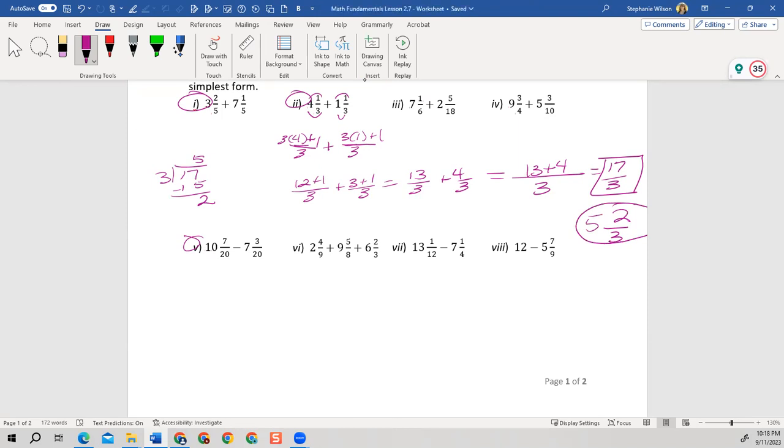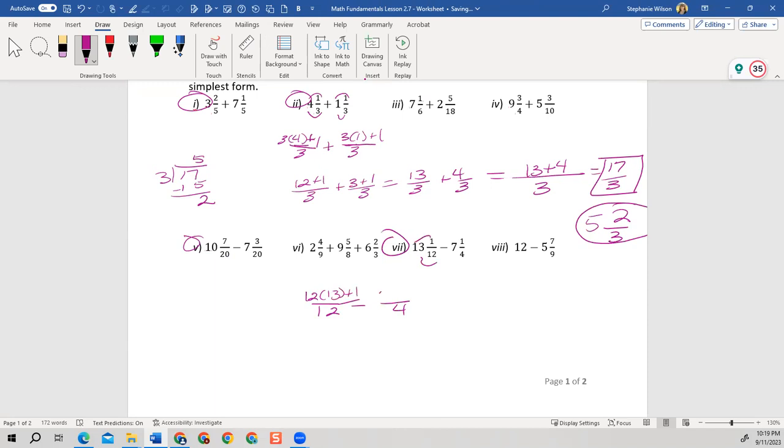Now let's do a subtraction one. I want to do this one right here. I'm going to convert all the mixed numbers to improper fractions. And what doesn't change is the denominator. So I'm going to say denominator times that whole number plus the numerator.